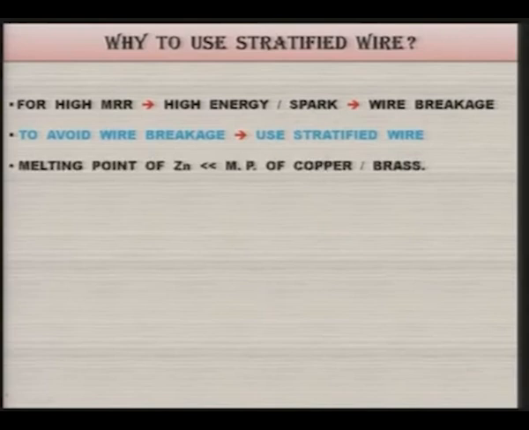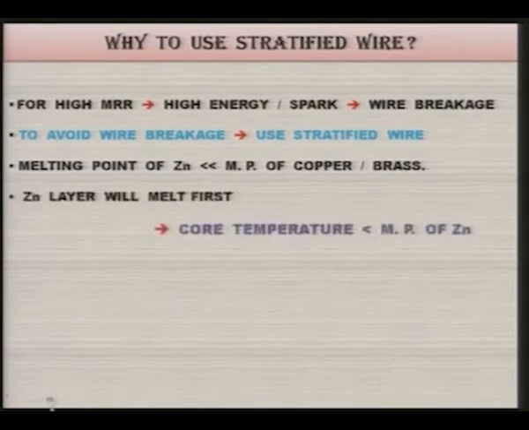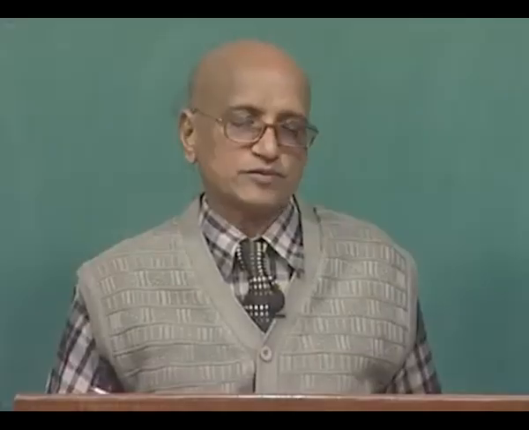In this particular case, the melting point of zinc is much lower than the melting point of copper or brass, of which the core wire is made. So, the zinc layer will melt first because of the heat supplied by the sparking on the wire as well as the workpiece.